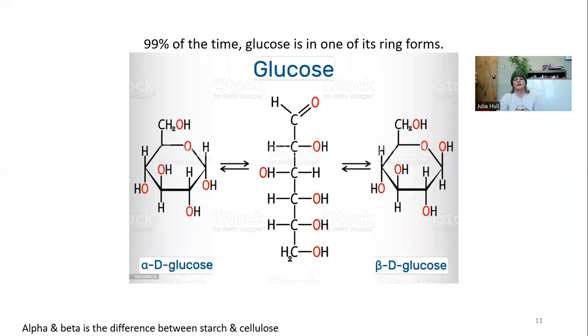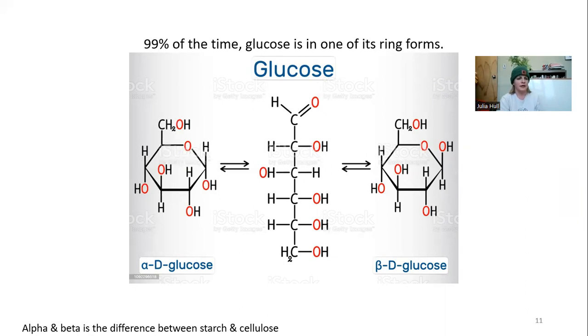Everything that we've looked at so far has been in this linear structural shape, but what we will also see a lot of the time, especially with these monosaccharides, is that they usually have this ring form. Don't get too caught up on the chemical structures, but be able to recognize that if I show you this little circle with a bunch of carbons, hydrogens and oxygens sticking off of it, you can say, oh, I know that's a carbohydrate.